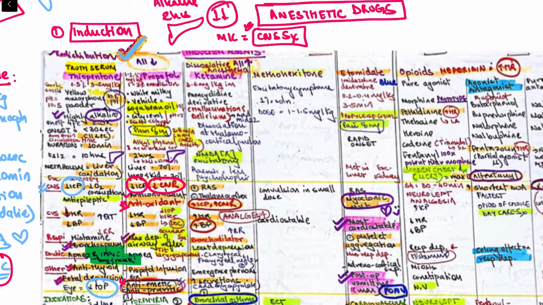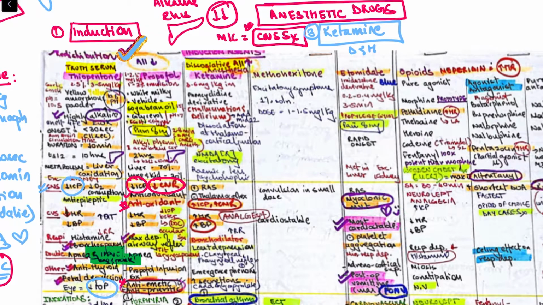Then next is ketamine, right? What you need to know with ketamine is that it causes dissociative anesthesia. The dose is 3 to 6 milligram per kg. It is a phencyclidine derivative, so it will cause delirium and hallucinations.